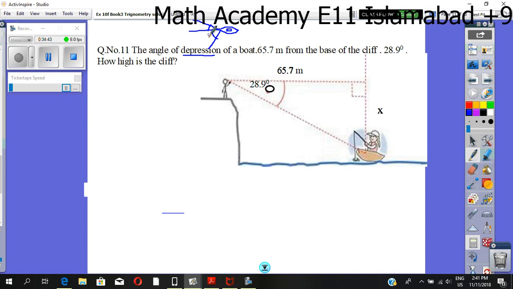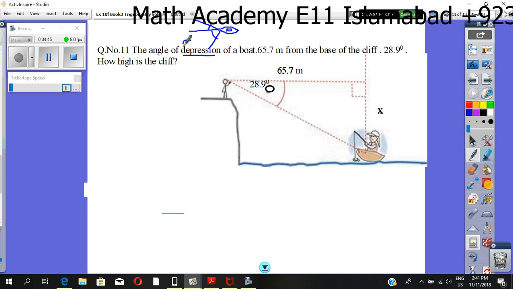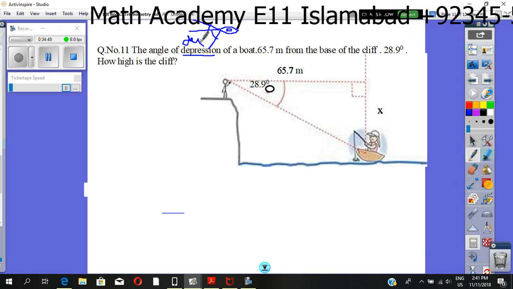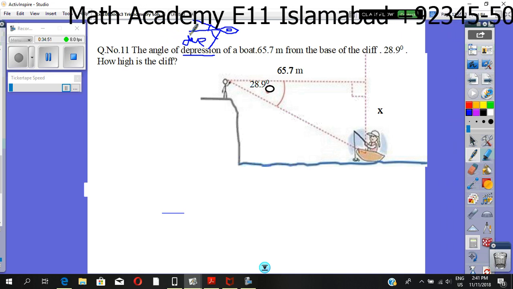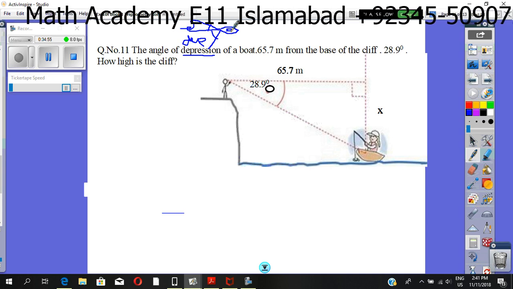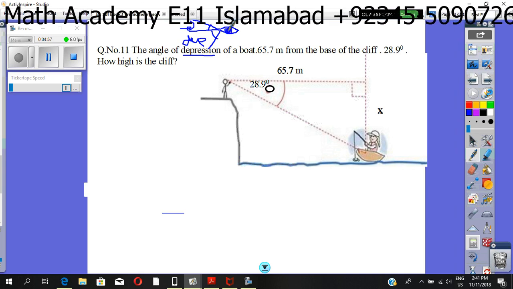This angle is elevation, and this angle is depression. Let's say this one is the eye.